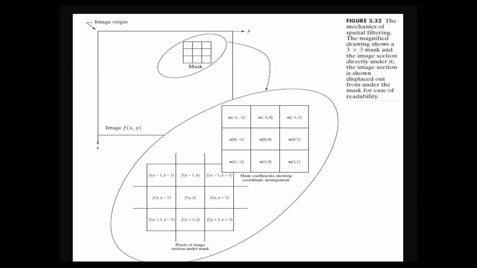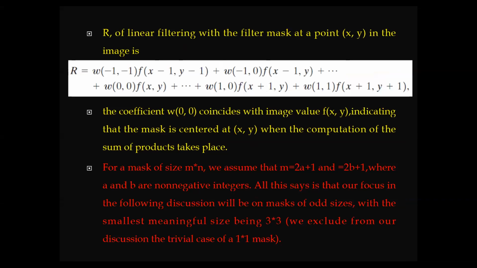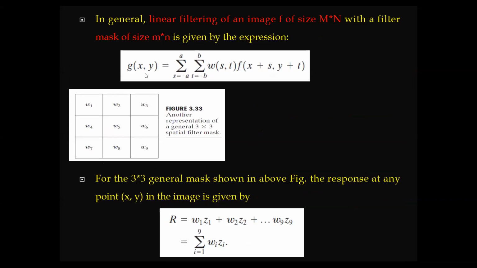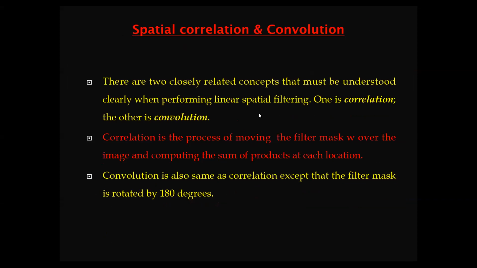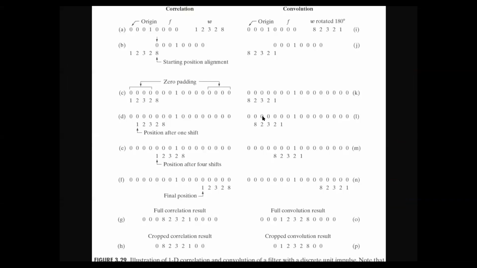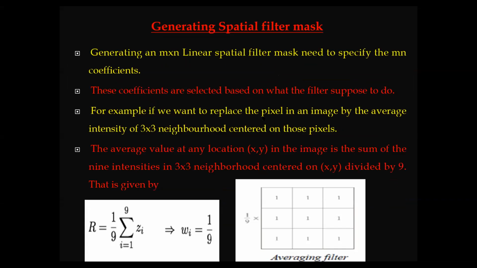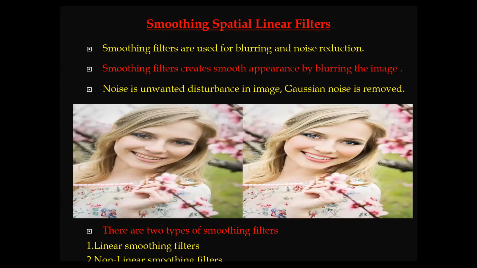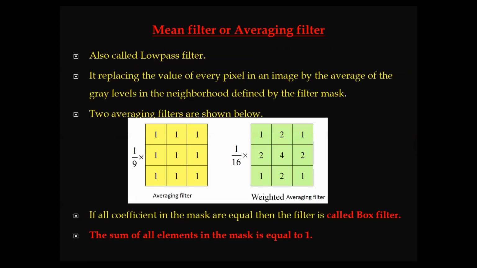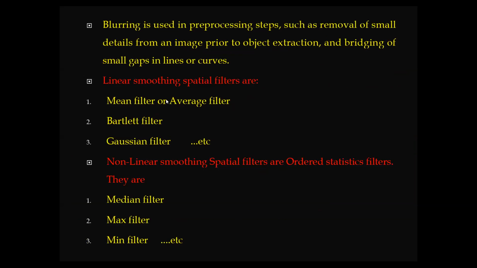We will examine the different types of masks used in the spatial domain, correlation and convolution, and then how to generate a spatial mask and how to perform smoothing. There are linear smoothing spatial filters and some non-linear smoothing spatial filters. In the next class, we will discuss all these types of filters.